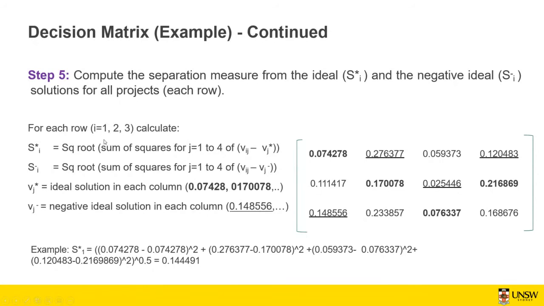How are we going to do that? We get two things: Si star and Si minus.